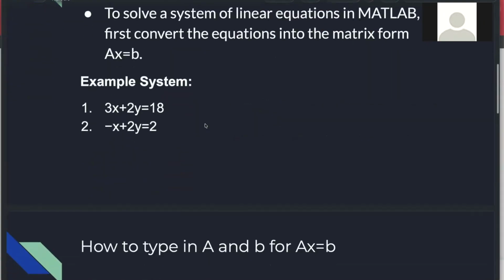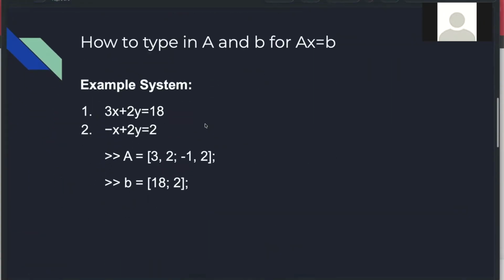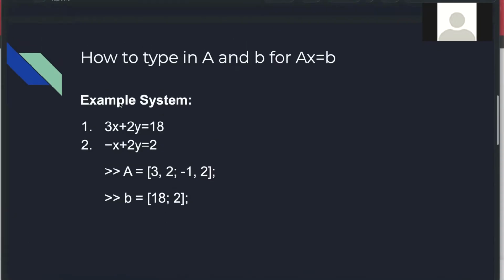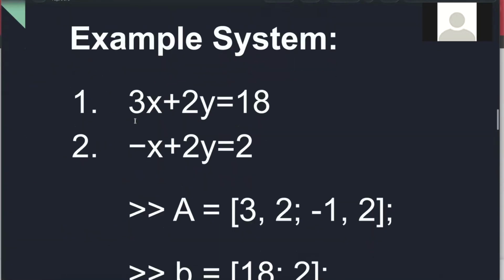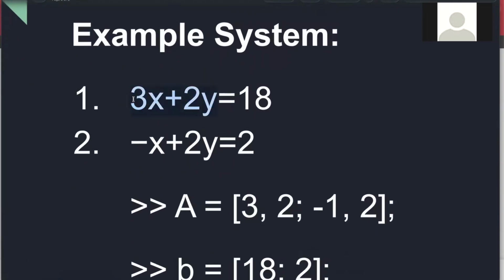So how would we do it in MATLAB though? That's the question. And so you separate this out into, well, first of all, you have to write it in the right form. So you need it the way it's written here with the variables all on the left side and the constant on the other side, right? So 3x plus 2y equals 18. So we would not want the 18 on the left-hand side.